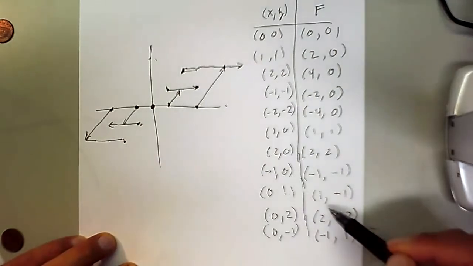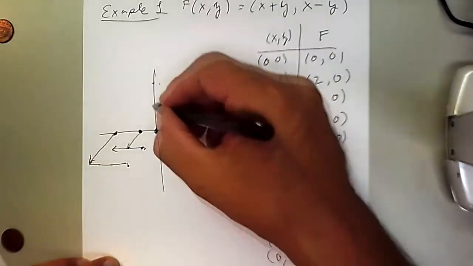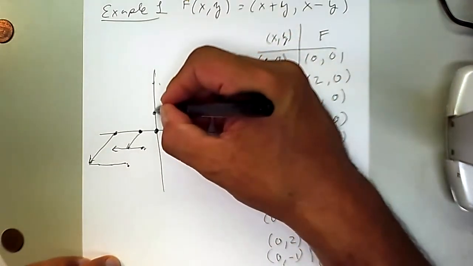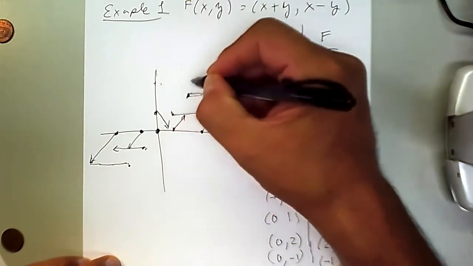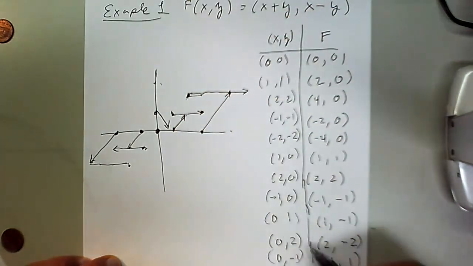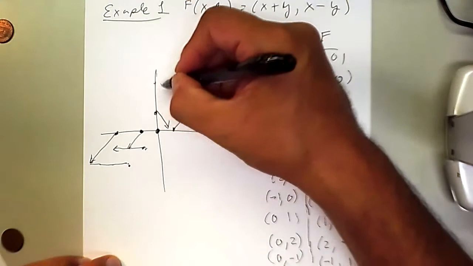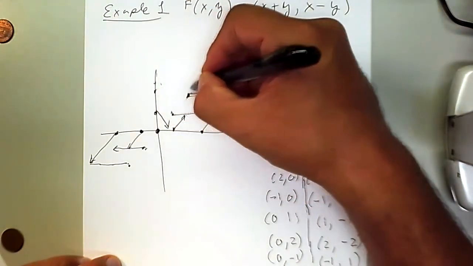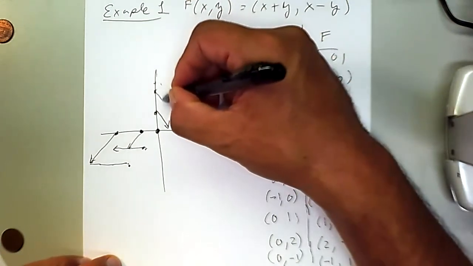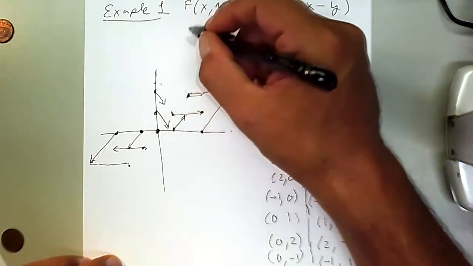How about 0, 1, 1, -1, 0, 1, 1, negative. So this one will point down this way. Boy, that's an interesting 0, 1, 0, 2, 2, -2. So 2, -2. It's going to go down this way, etc.